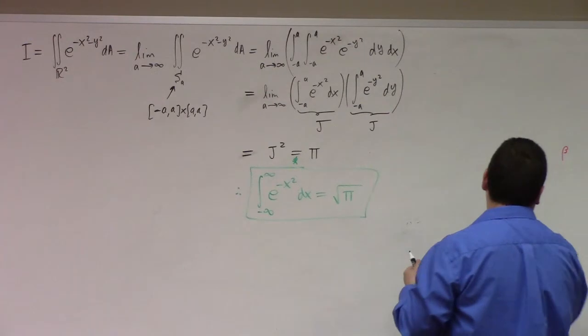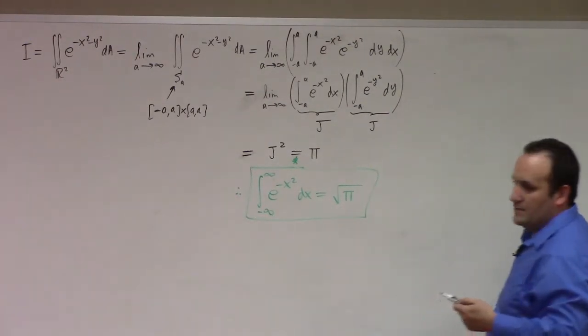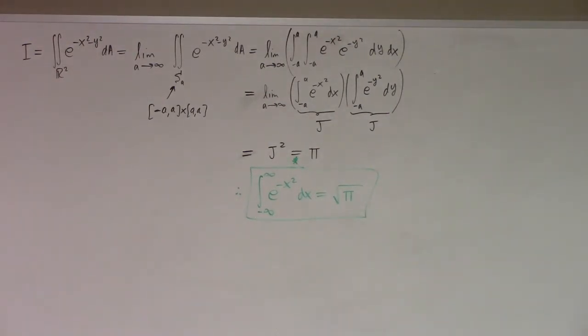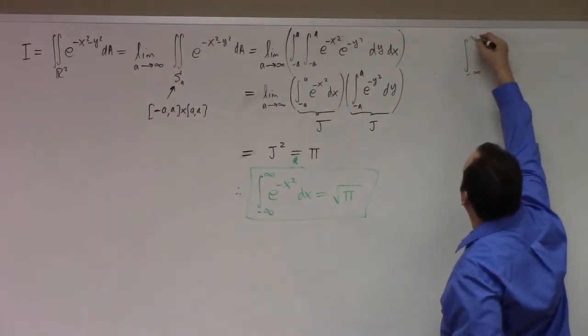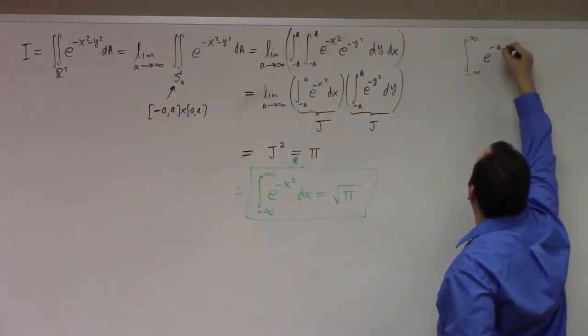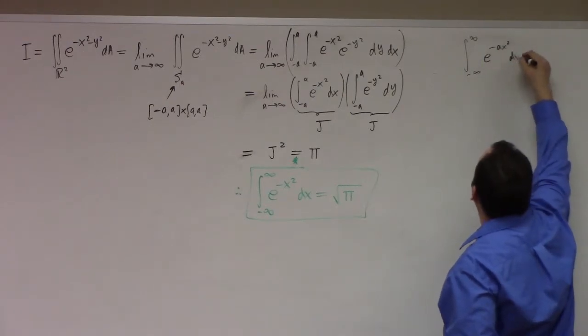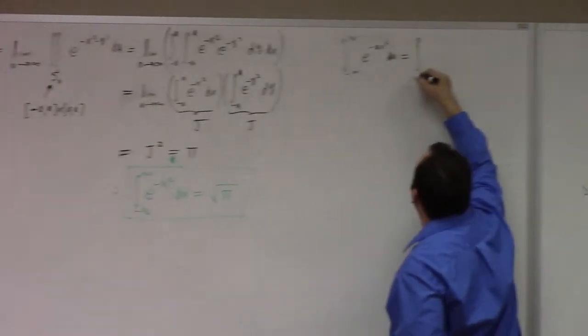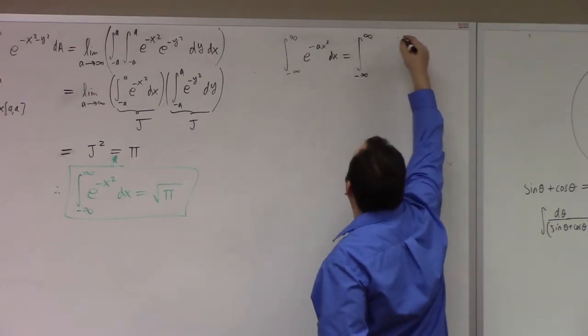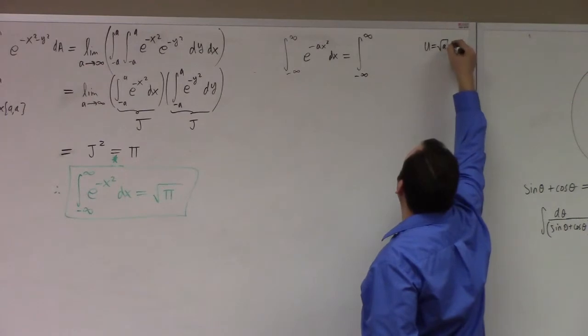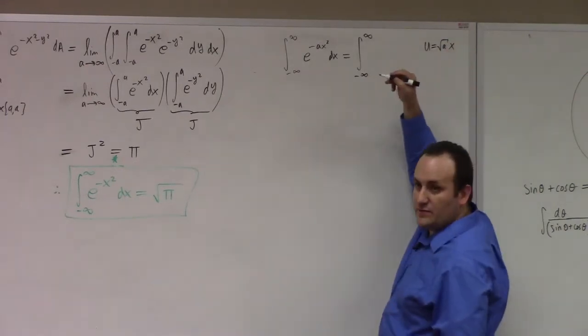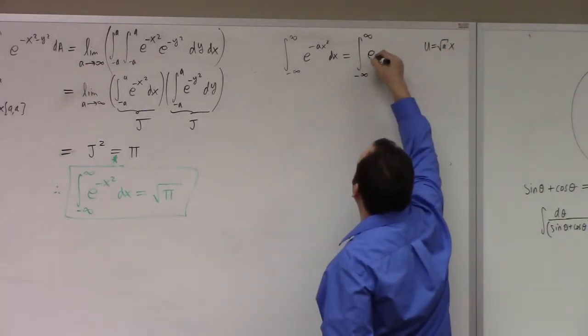I want to show you guys a little bit more here before we end today. First of all, how do I get that and get an a in there? How do I get to the integral from minus infinity to infinity of e to the minus ax squared? I let u equal the square root of a times x, assuming a is positive, and that would give me e to the minus u squared.